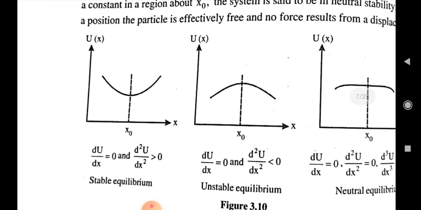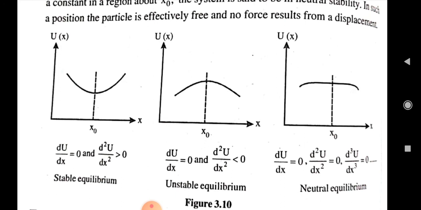Again, from this graph we can say that, I repeat, a point is said to be a stable equilibrium point when du by dx is equal to 0, and on either side the curvature increases, that is, du by dx is equal to 0 and d square u by dx square is greater than 0.